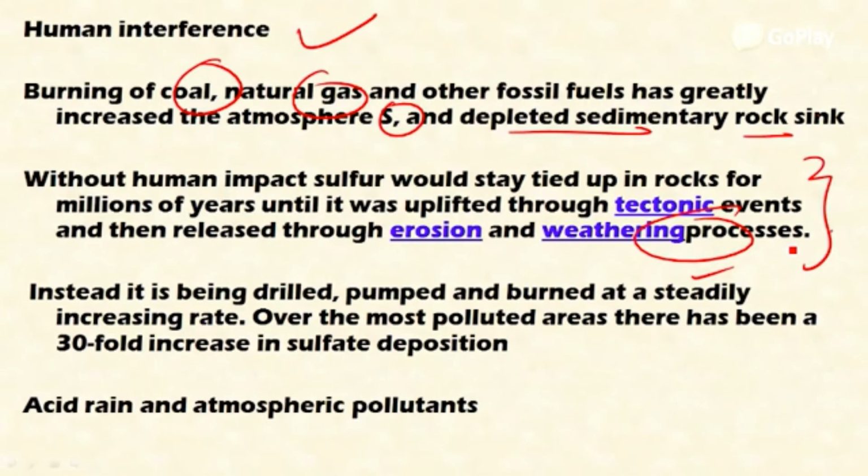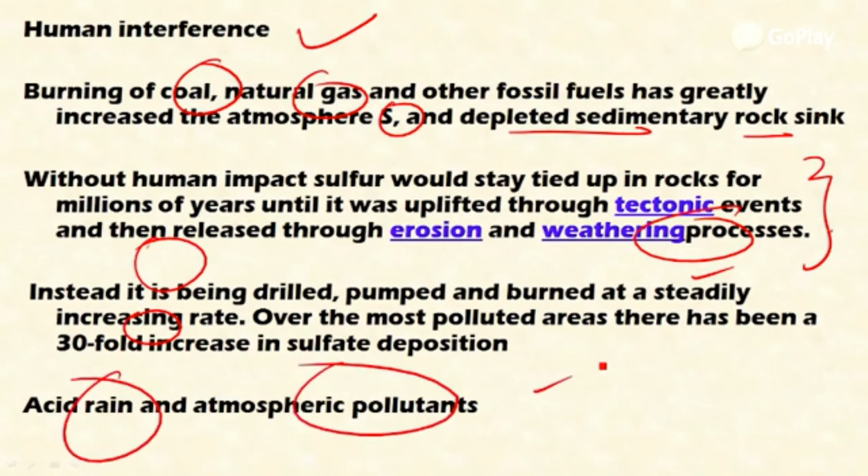This is an important interference by human beings in the sulfur cycle. It has increased the concentration of sulfur in the ecosystem by 30-fold by way of sulfur deposition. This is also leading to other deleterious effects like acid rain and atmospheric pollutants like sulfur dioxide.